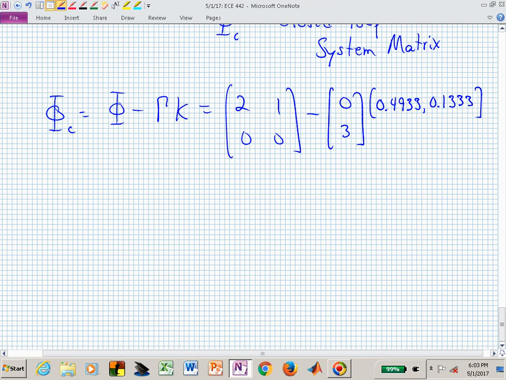Doing the matrix algebra, we now would obtain phi sub c, and you can see that since we have a hard 0 in the upper row of gamma, the top row of phi sub c is not changed. That's still 2 and 1, but the bottom row does get modified from all 0. Now we have 3 times 0.4933 with a negative sign in the 2-1 entry, and in the 2-2 entry we have 3 times 0.133, which is actually now minus 0.4.